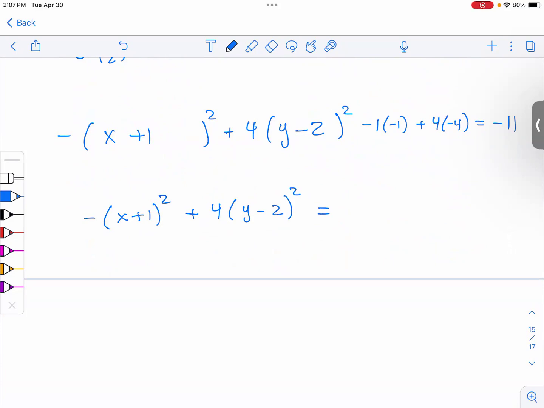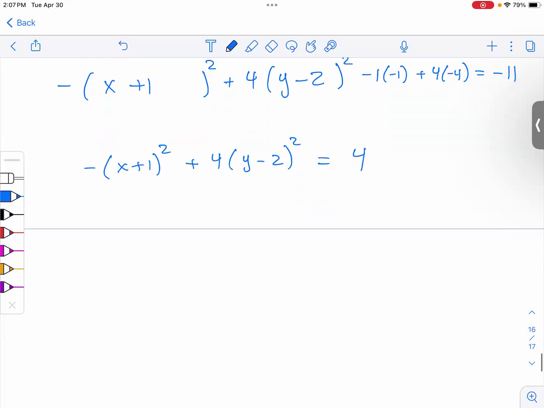Okay, so let's see. -11 plus 16 gives us 4, which is again a nice, beautiful number.